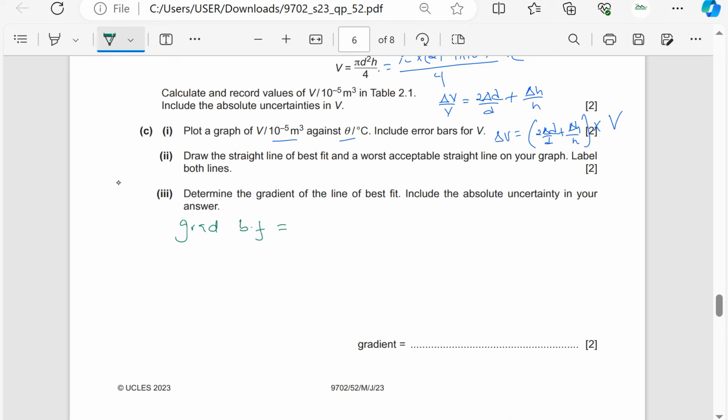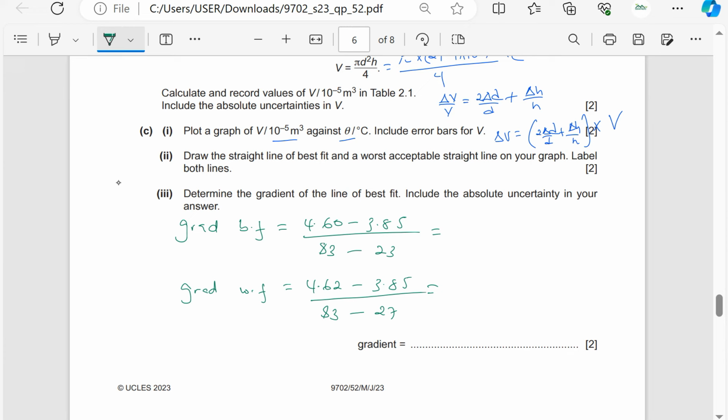This will be y2, which is 4.60, minus y1, which is 3.85, divided by x2, which is 83, minus x1, which is 23. Then the gradient of the worst fit is going to be y2, which is 4.62, minus y1, which is 3.85, divided by x2, which is 83, minus x1, which is 27.